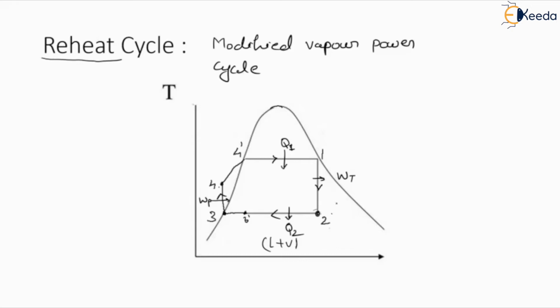This is the solution to reduce the moisture and avoid the disadvantages. Higher moisture content or scale left behind after expansion may bring down the mean temperature as well as the efficiency of the cycle. So in this condition, efficiency can reduce and mean temperature can reduce.